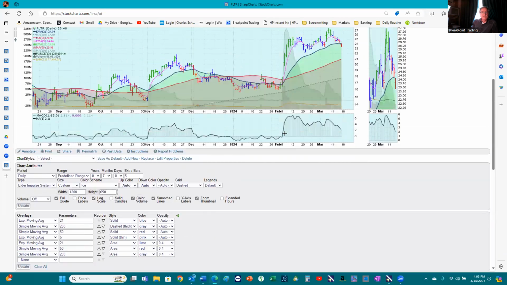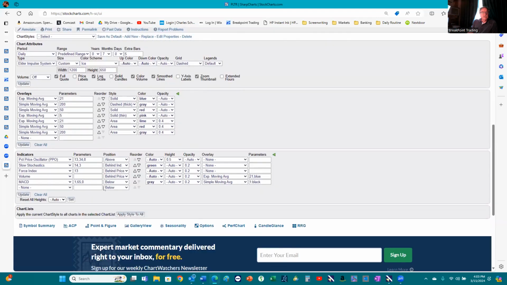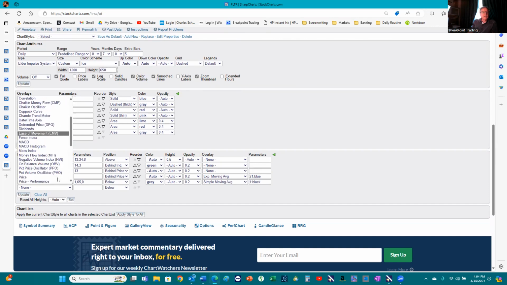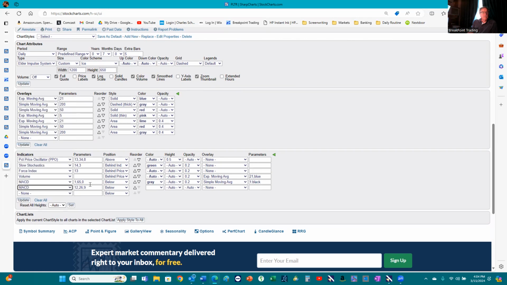And I reverse engineered their system, and I realized that it was a 2150 MACD. So I thought, well, what if I use a 2150 just like they do? So 21, comma 50. So it's a difference between a 21 day and a 50 day.